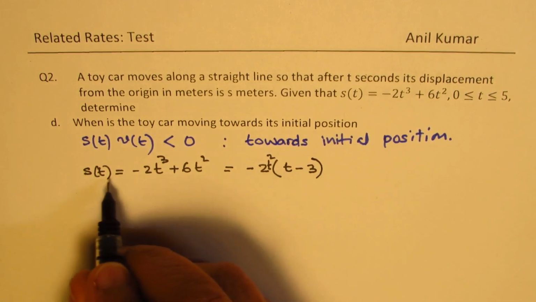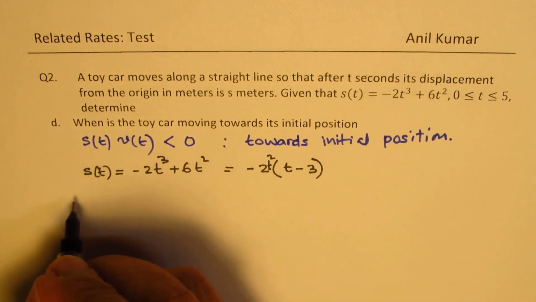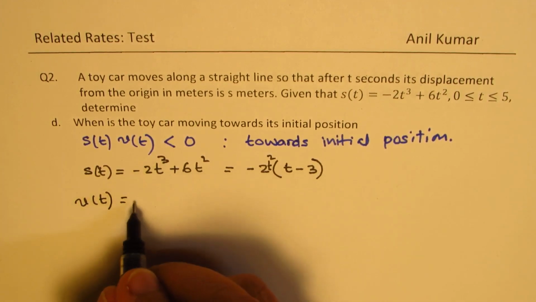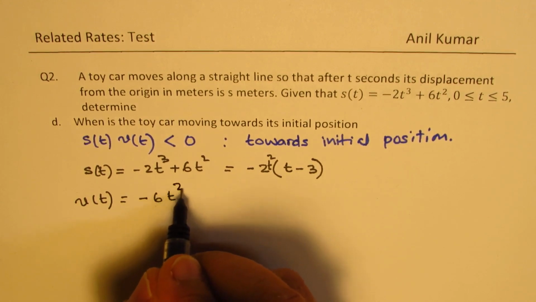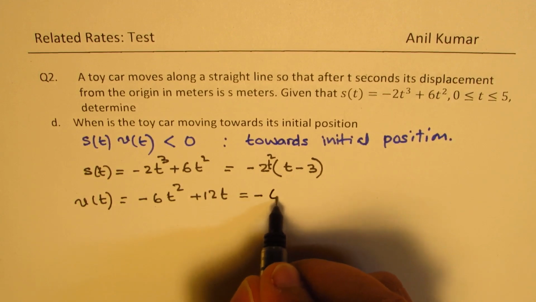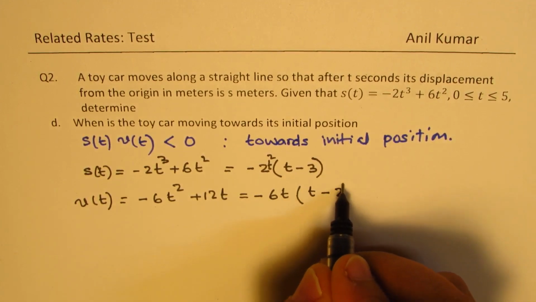Right. So that becomes a factor. Now minus 2t square and t minus 3. As far as the velocity is concerned, we just found the derivative of this, which is minus 6t square plus 12t, right? So we can take minus 6t common, so that gives us t minus 2.